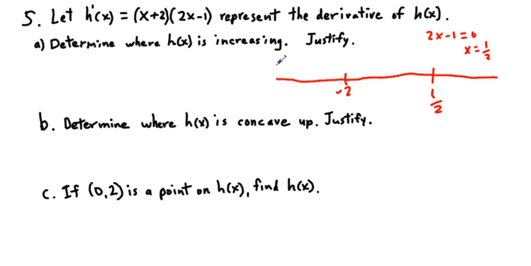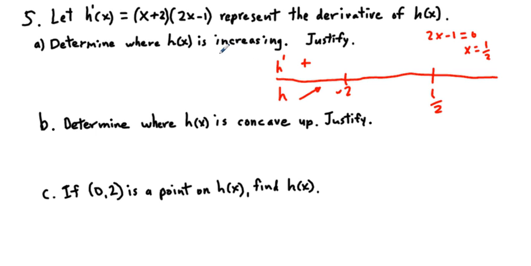Okay, and then we can put h prime here, and we'll put h down below. To the left, using this function, use a number less than negative 2, maybe negative 10. That's going to be a negative times a negative, which is positive.